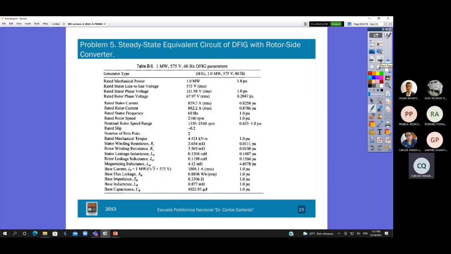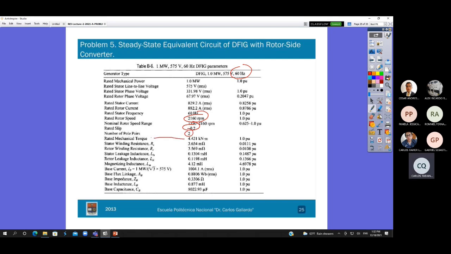Anyway, let's compute using the two methodologies. For the data from the problem, I need the frequency of operation. In this case, pay attention, it is 60 hertz. This is the frequency of the system. Later on, I will have the rated mechanical speed, the rated slip, and the number of pole pairs, which is 2.